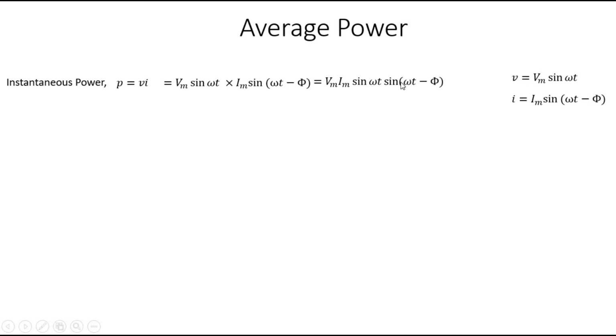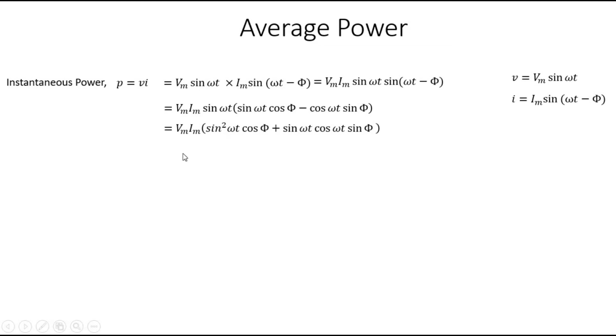Again we can apply the sin(A minus B) formula. sin(A minus B) is equal to sin A cos B minus cos A sin B. So it becomes like this. For sin(omega t minus phi), we apply sin A cos B minus cos A sin B. Multiplying sin omega t with these, we get sin square omega t cos phi, and here sin omega t cos omega t sin phi.